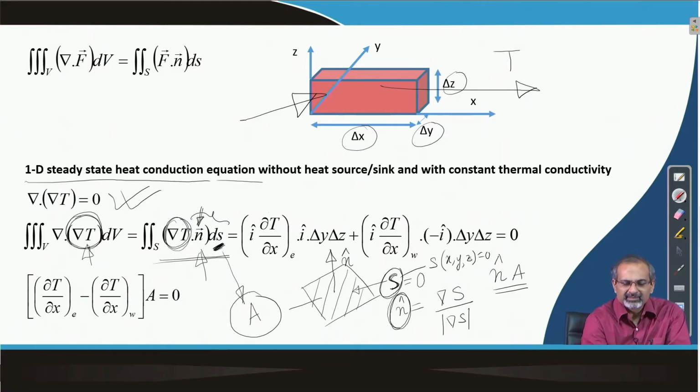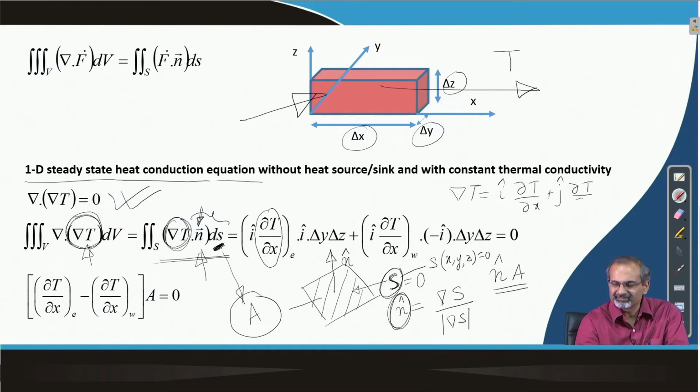Now, that means T would have a gradient along x, and what do you have over here? It is the gradient of T, that is what is represented here, because grad of T in general would be represented like this.